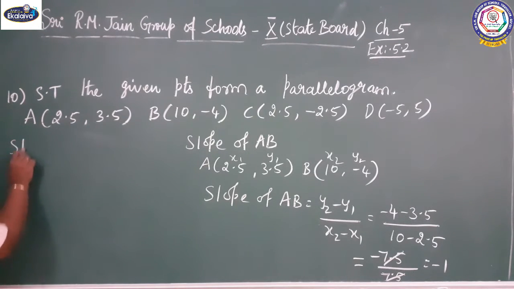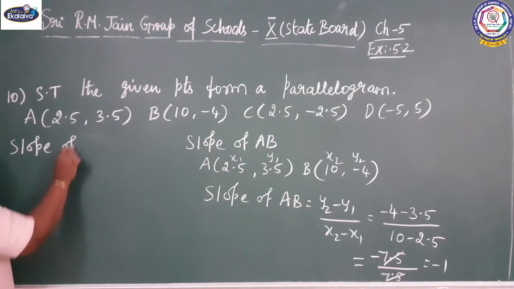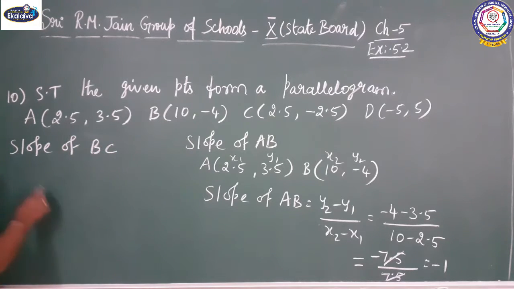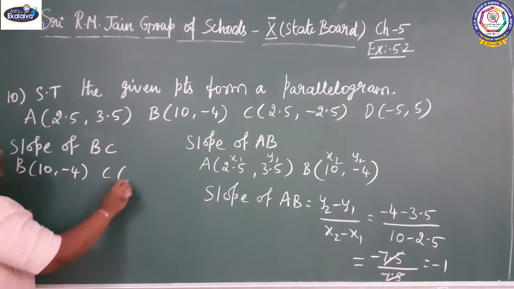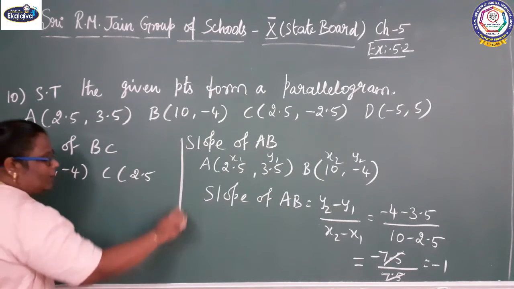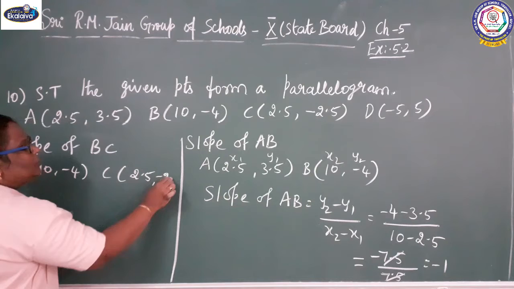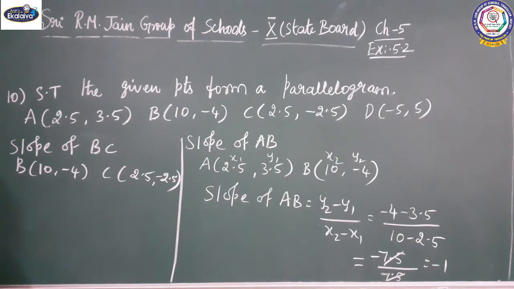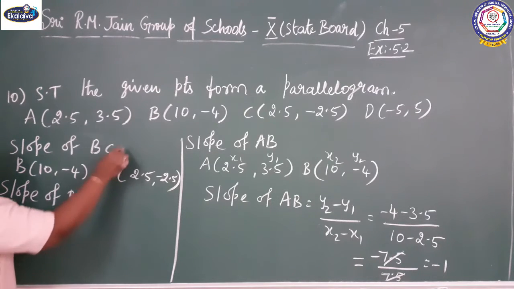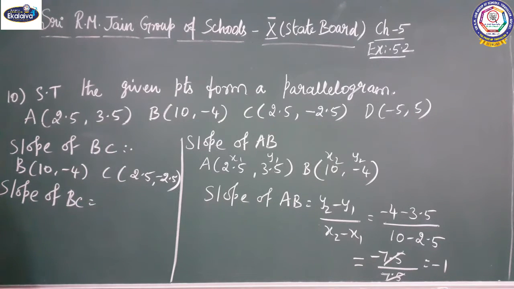Next you should find out slope of BC. B value is (10, -4) and C value is (2.5, -2.5). Slope of BC equals y2 minus y1.